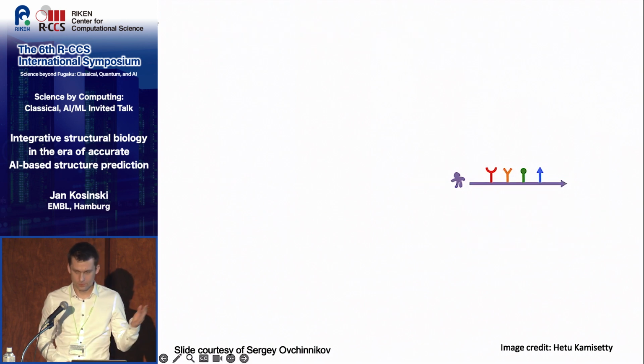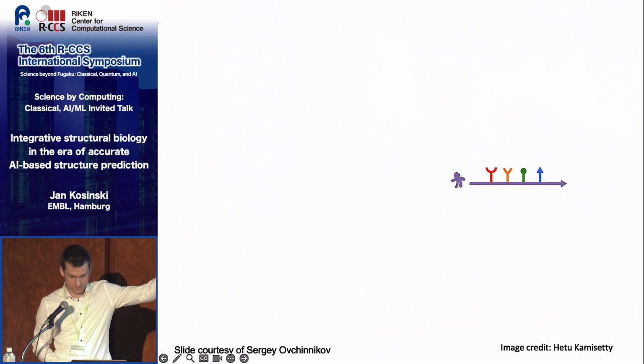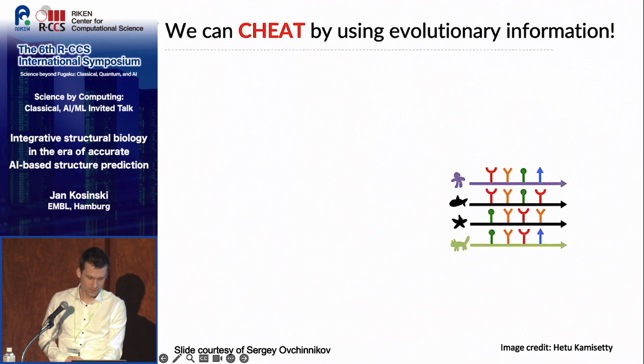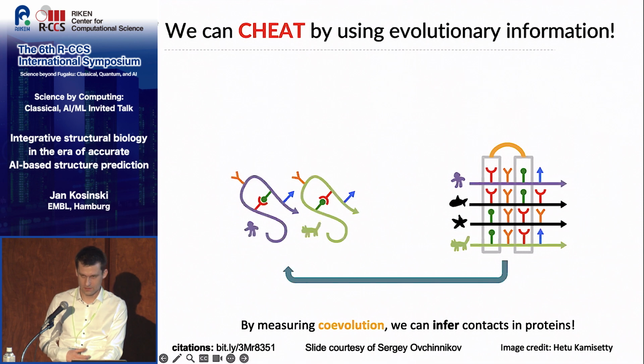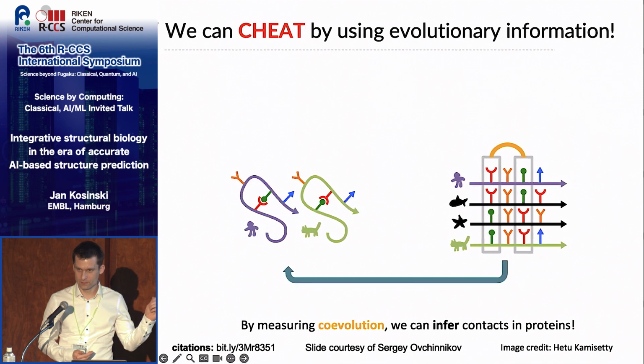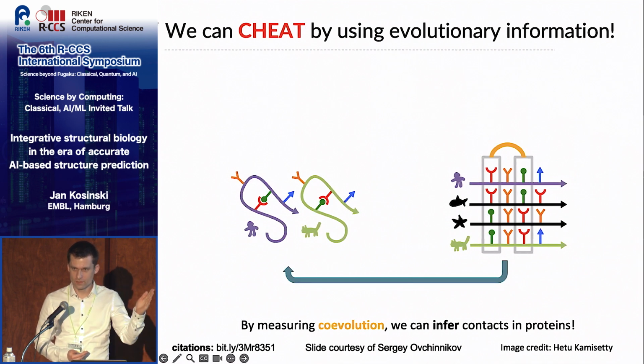So let's imagine that we want to model a human protein with that sequence, where each of these objects is an amino acid. AlphaFold would first look for sequences of similar proteins from other species, using an approach that had also been developed before AlphaFold. And then it would look for patterns. For instance, here there's one pattern that whenever this red amino acid changes to this green amino acid, there will be another residue in another place that would change to a complementary shape.